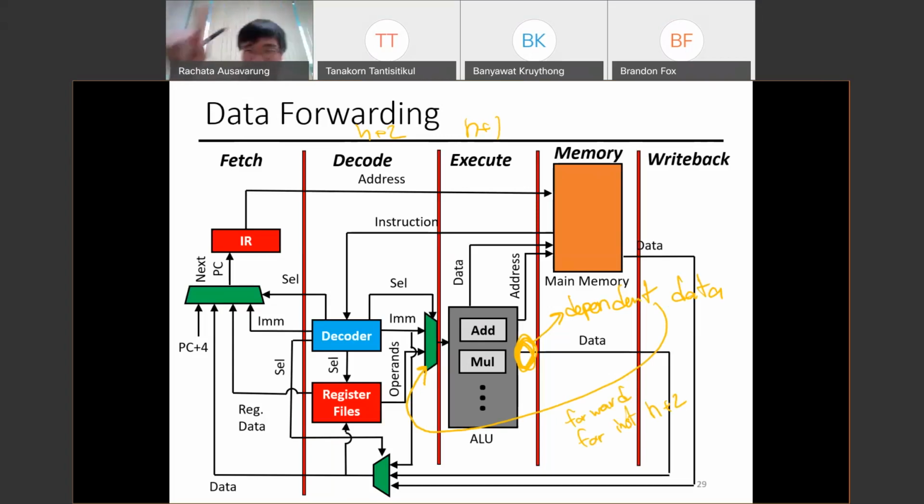You automatically forward that ahead of time to the decode. So now in the next cycle, I'm gonna do it in blue. N plus 1 is here. N plus 2, because it now has the data, can move on right away. We'll go into the detail on how this can be done next lecture.